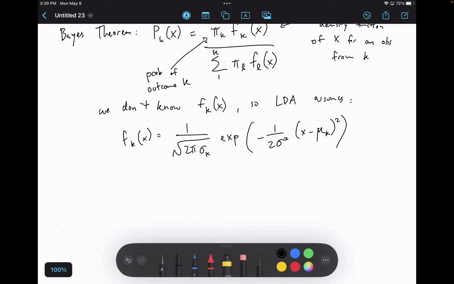So this describes a normal distribution. So LDA assumes that the data in your explanatory variables are normally distributed.